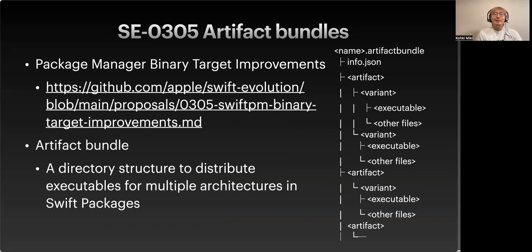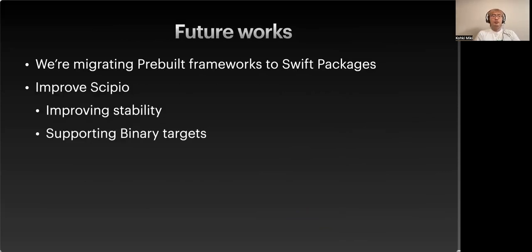A good example is code generators. Currently, we are using Bazel to build code generators. However, using artifact bundles prevents rebuilding them each time. Using these features, most of the dependencies will be migrated to Swift packages.